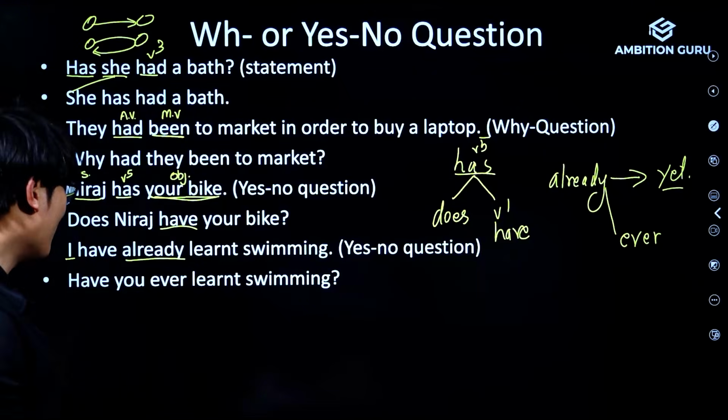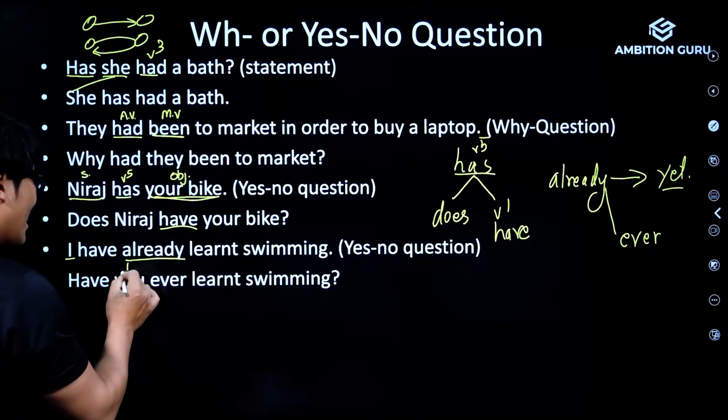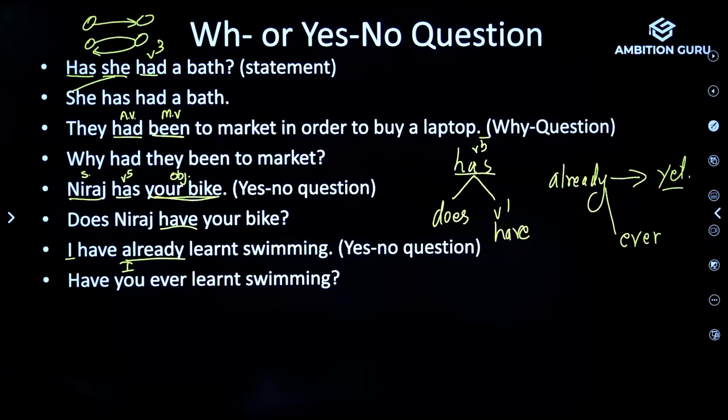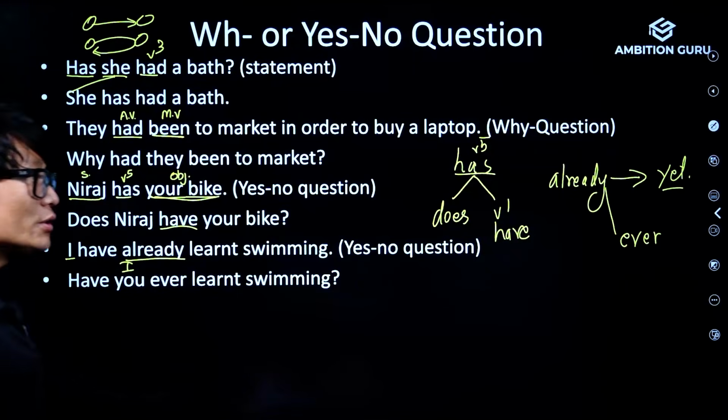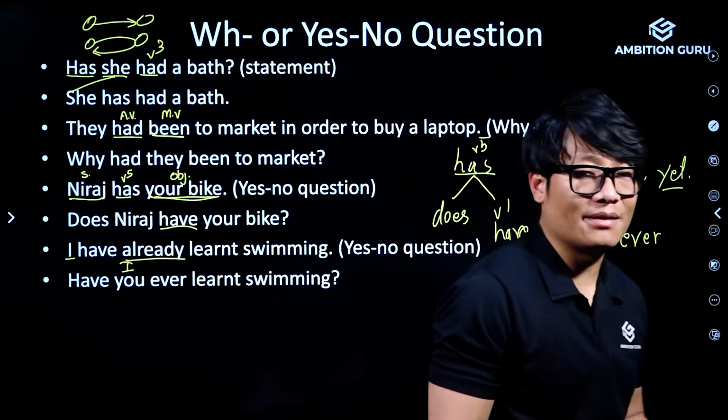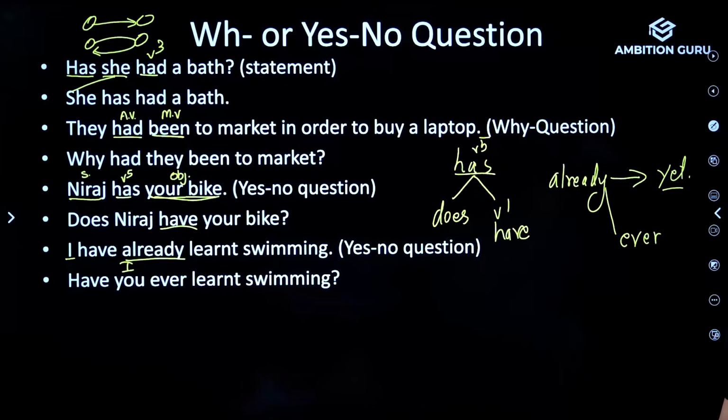Okay. Yeah, but if you write I, that is also right, like, have I ever learned swimming? That means you are asking a question to yourself, or asking someone to check whether you have done it or not. That's why most of the time I changes into you.